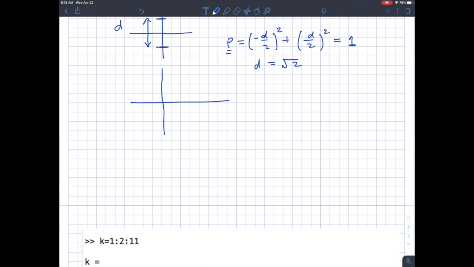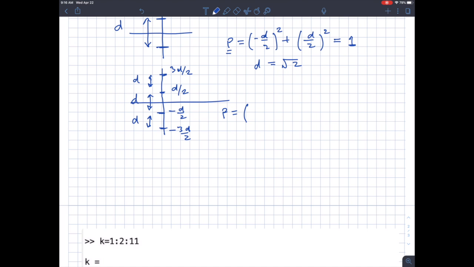If I had 4 levels, spaced apart by d, then the power constraint would involve these levels: minus 3d over 2, minus d over 2, d over 2, 3d over 2, and we just square all those.